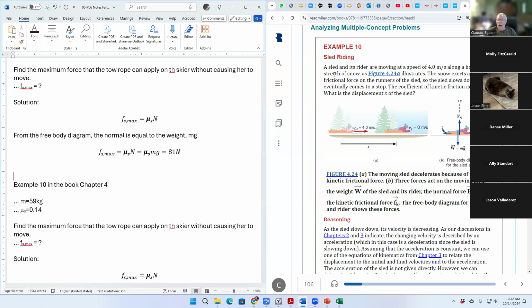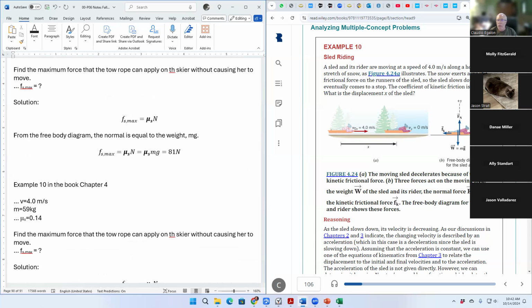So let's see. A sled has a speed of 4 meters per second on a horizontal surface, and friction exerts a kinetic frictional force on the runners of the sled. So the sled slows down and eventually comes to a stop. The coefficient of kinetic friction here is 0.05. What's the displacement x of the sled?